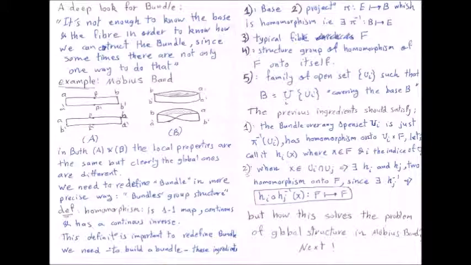So we can make the composition h_i composed with h_j^-1, and this is defined over F, and the arrival is also F. So there are two elements of F connected by this kind of homomorphism, connecting a member of the fiber with another member of the fiber. So this is the general structure.